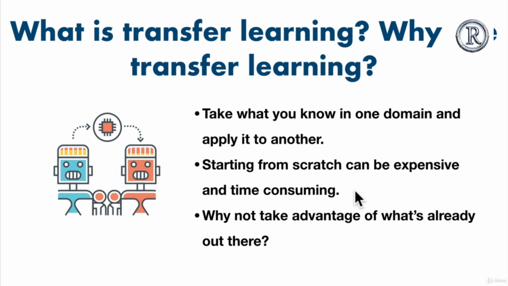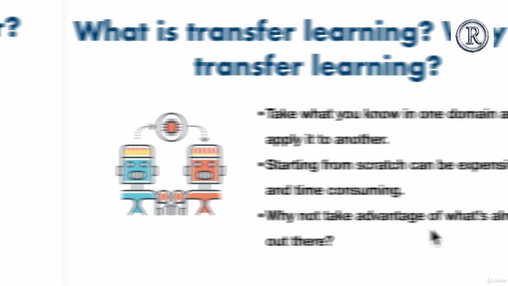But if you've already got a machine learning model which has learned to identify other objects in images, the beautiful thing is you can use transfer learning, taking the patterns that the neural network has learned in another set of images, and applying those patterns to your own problem. So why not take advantage of what's already out there? Why not take advantage of what another model already knows? That's what we'll be looking at doing in this project.